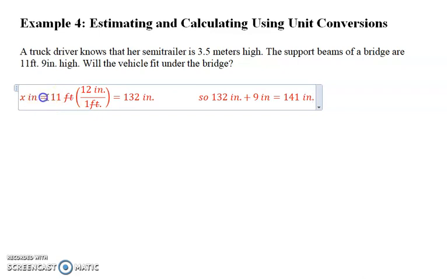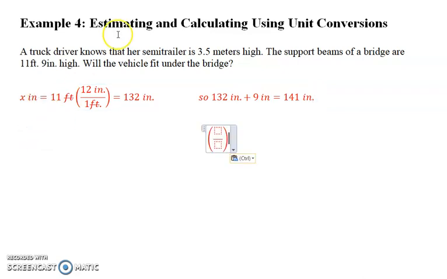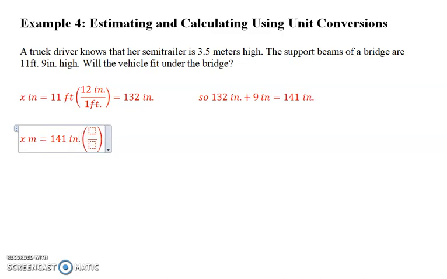All right. So next, we're going to look for x meters, and that's going to be equal to 141 inches. So the first thing we want to do is change from inches again, like we did in the previous example, to centimeters. And then we'll need another conversion factor to change the centimeters to meters.